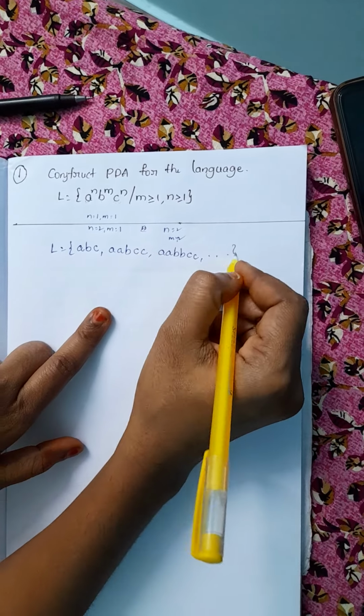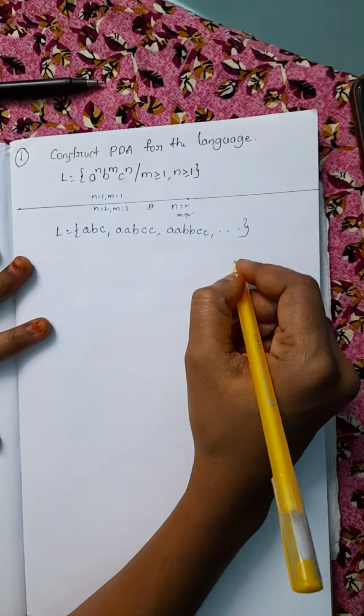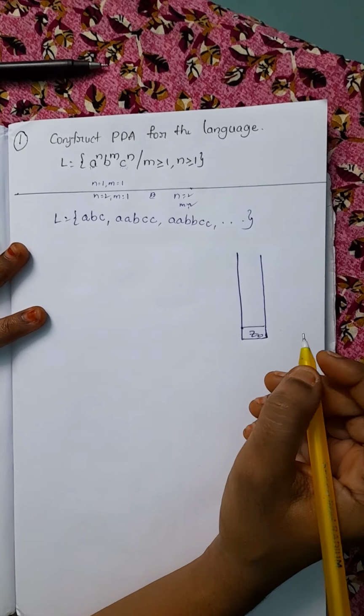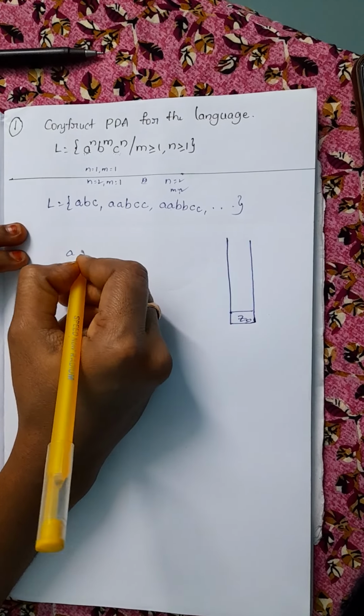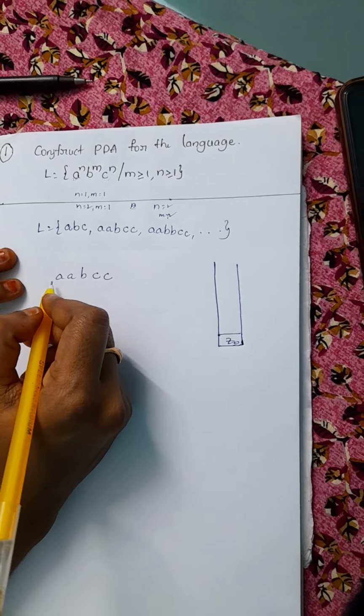You can consider any of the combinations. But while doing this problem, consider one stack with Z0 at the top. Now suppose you have considered 2 A's, B and 2 C's. This is the string you have considered.